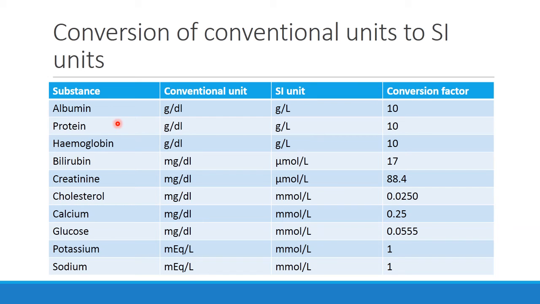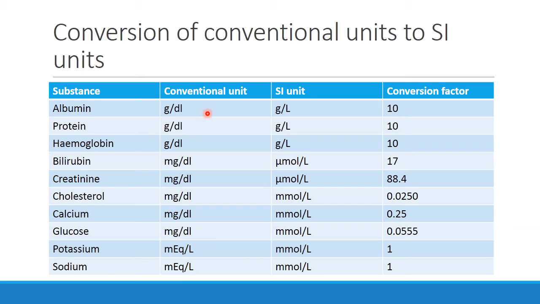Here you can make out one example I'll take up, that is albumin. The conventional unit is given as gram per deciliter. So what is the meaning of deciliter here? Deciliter means 10 liters. So this 10 liters has to be converted to liter now, that is with respect to the SI unit. So deciliter is big or liter is big? The deciliter is big.